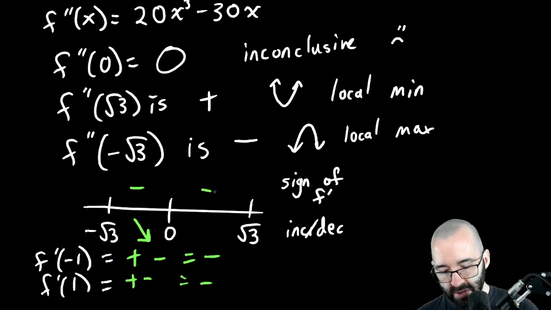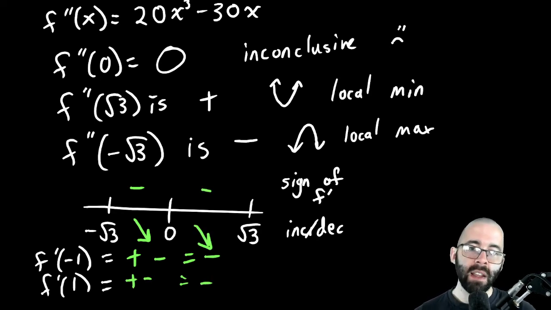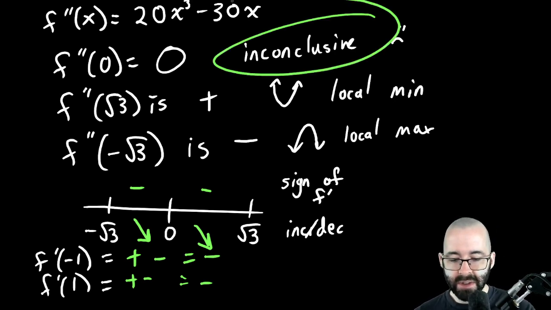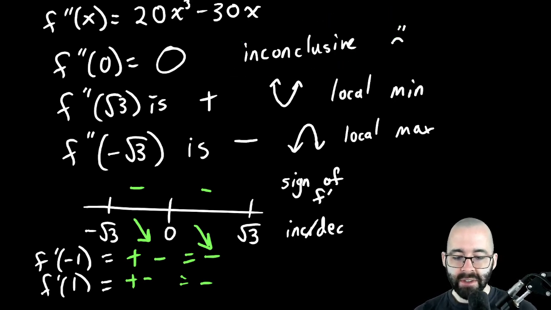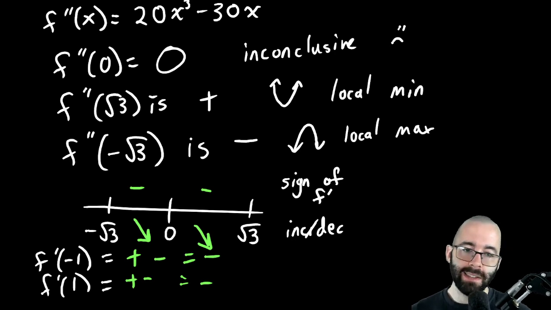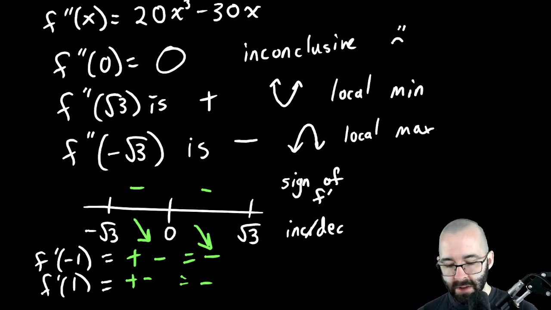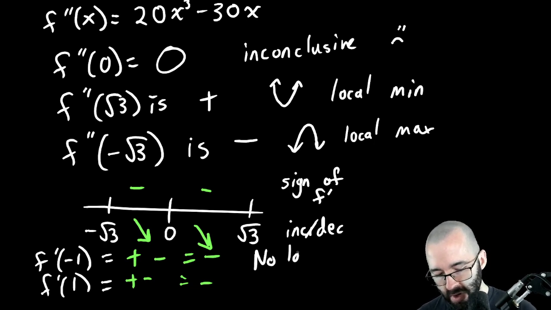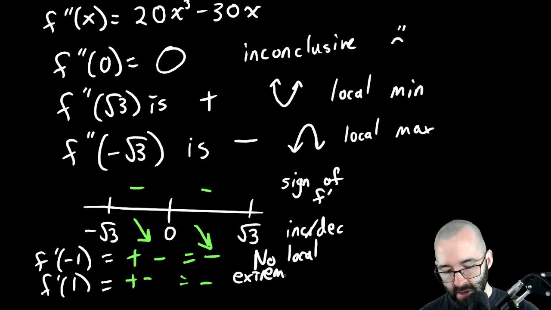That's also negative, so it's decreasing. So the second derivative test told us it was inconclusive. The first derivative test told us that there isn't any local extremum at x equals 0.